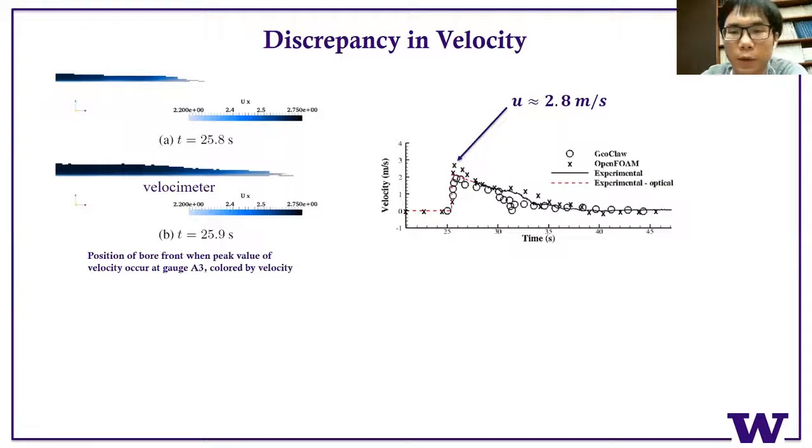Okay, but in fact, the result I'm showing here has a peak value of 2.8 meters per second. So why is that, and where is it coming from?